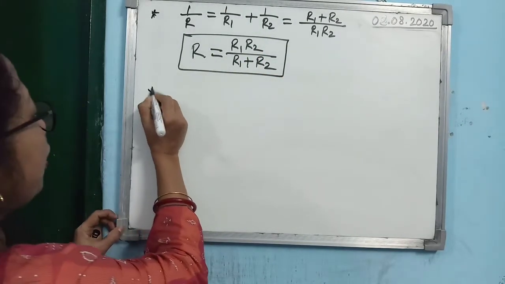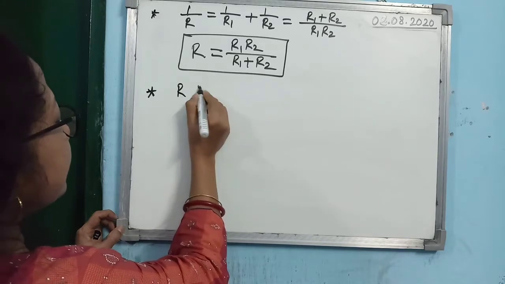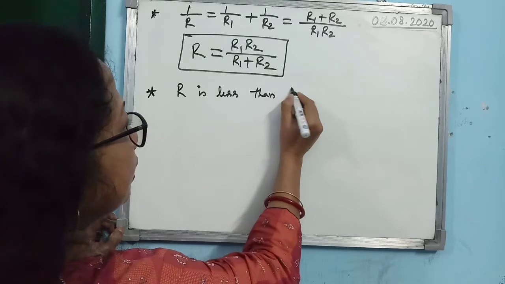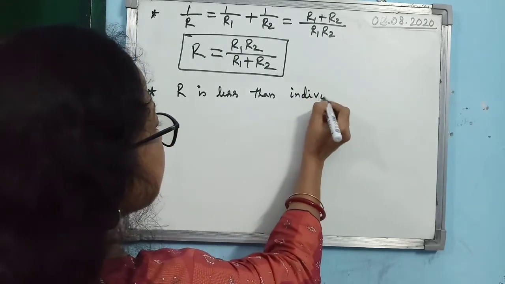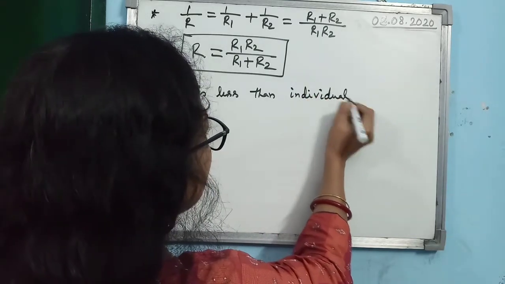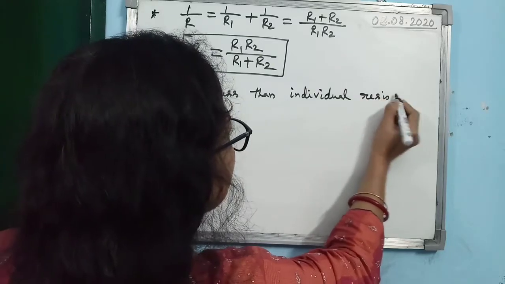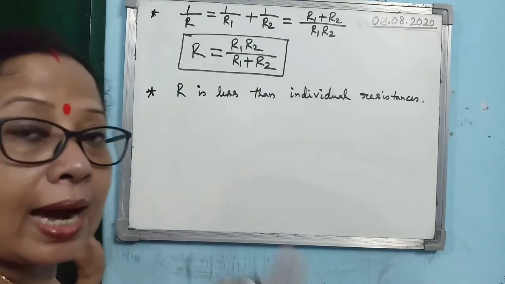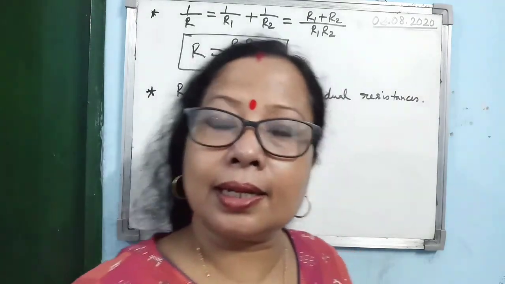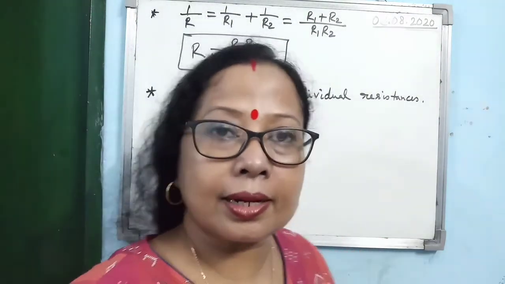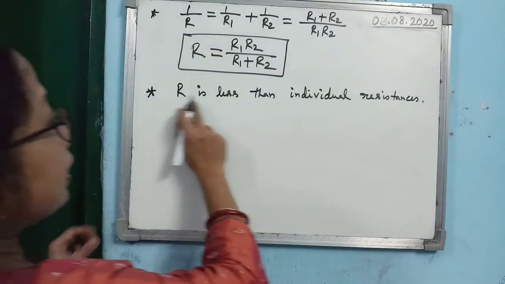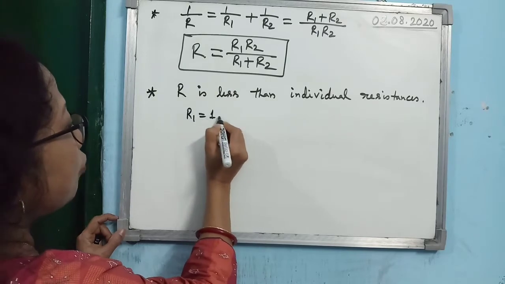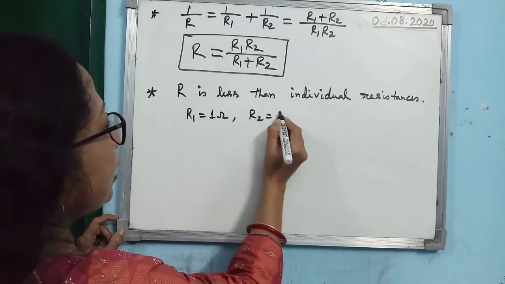Then another point you must remember: R is less than R1 and R2, the individual resistances. In case of series combination, I said R is greater than R1, R is greater than R2, R is greater than R3, isn't it? But in this case, you will see that R is less than the individual resistances. Just consider one example. Suppose R1 is 1 ohm and R2 is 2 ohm.